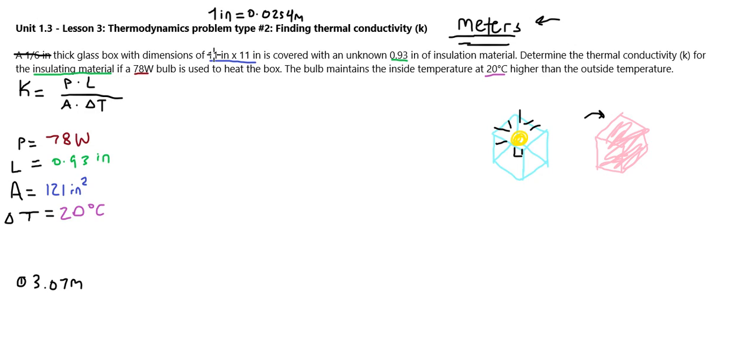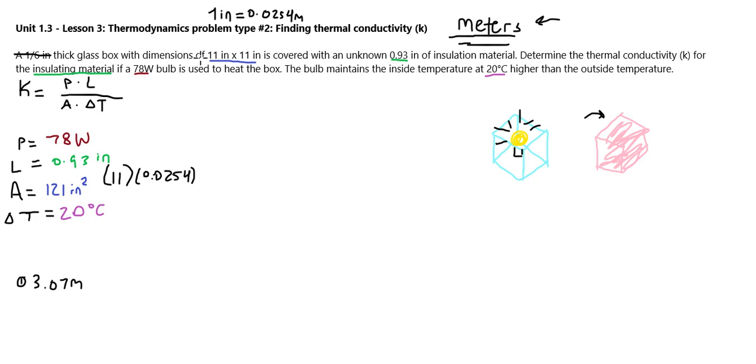Now, if we solve this the correct way, we won't get this answer. We have to separately multiply 11 and 11 by that. What I mean by that is we have to first do 11 times 0.0254. We have to do that 2 times since 11 is the same both times.